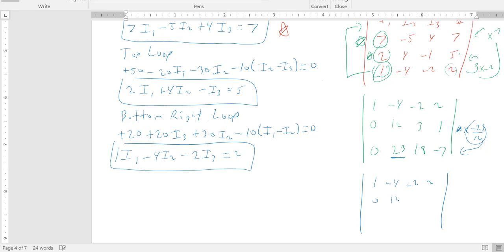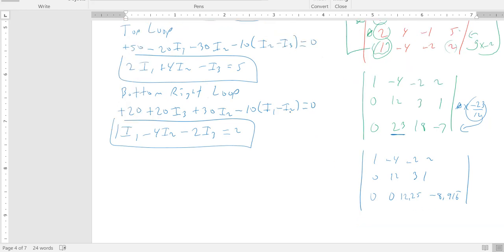You get a 0, 12, 3, 1. You get a 0, a 0. This becomes 12 1/4. And the last one becomes, and I've got to get a little more room here, because now we're getting decimals, -8.916 with that repeating.